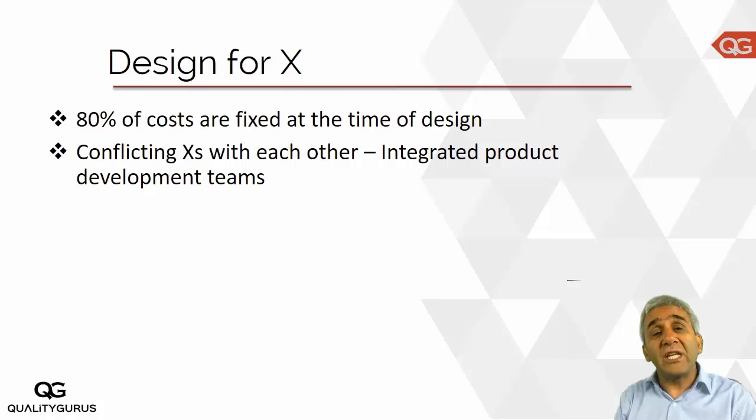Another thing to note here is that when we are looking at a number of characteristics, we are looking at manufacturing, we are looking at assembly, we are looking at logistics. Many a time these might conflict with each other. If you have a design which is good for manufacturing, those features might not be good for maintenance.